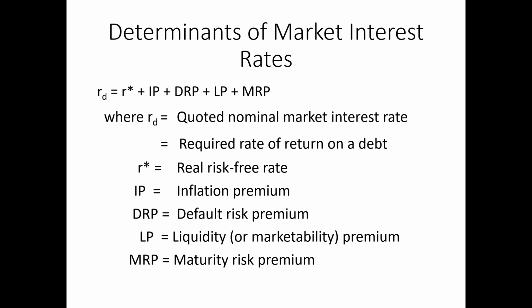There's an inflation premium, right? Because inflation erodes the value of future cash flows. There's a default risk premium, what's called a liquidity or marketability premium, and then lastly, there's a maturity risk premium. So these are the basic components of what goes into determining interest rates.